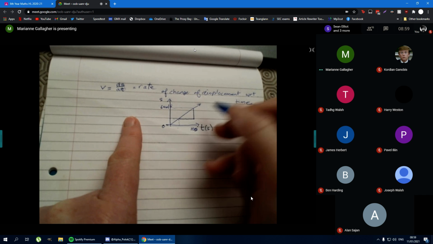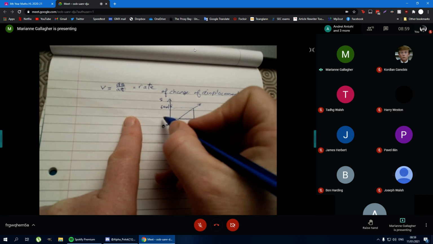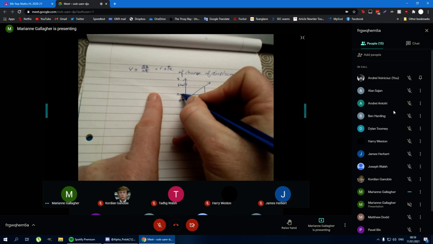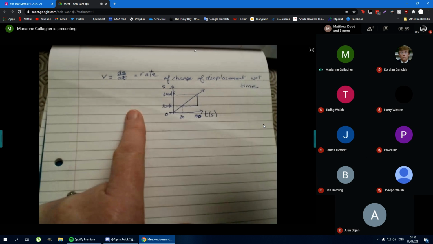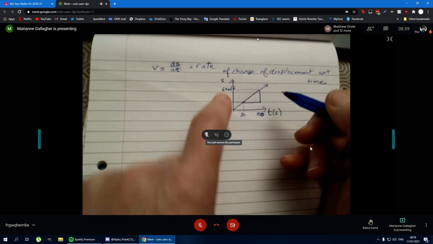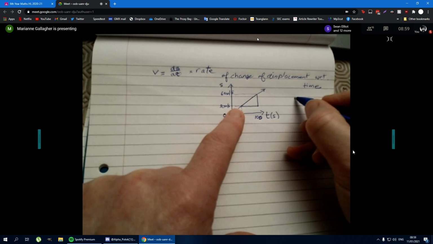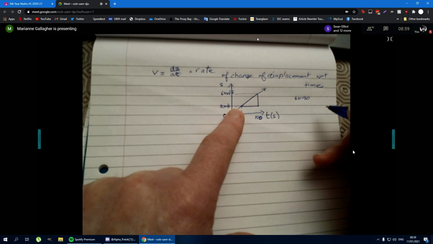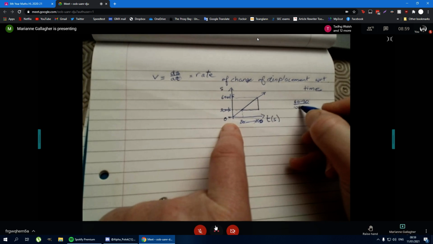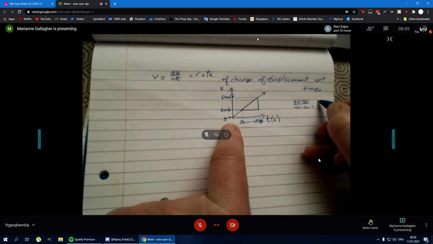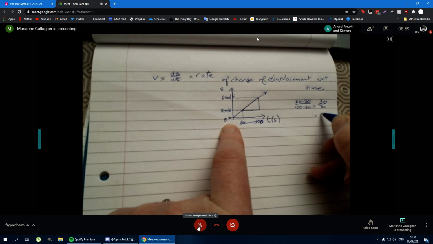And say this is 30 seconds and I'm at 30 meters per second. Okay, so your speed, you can say I've gone from 60 to 30. So that's 60 minus 30, and it took me 70 seconds to do it, 100 minus 30. Does that make sense?